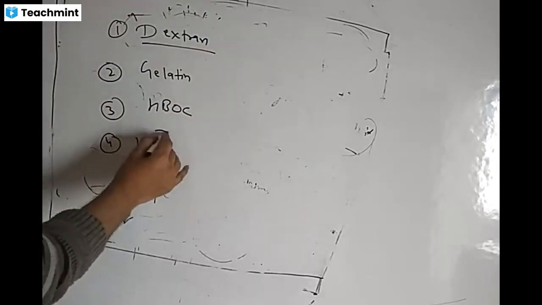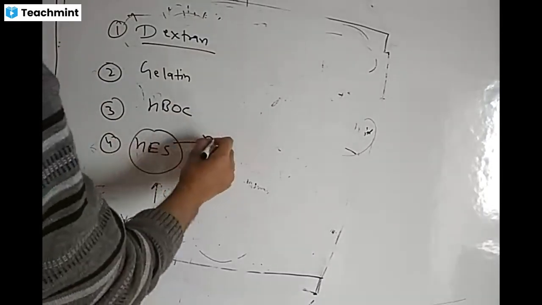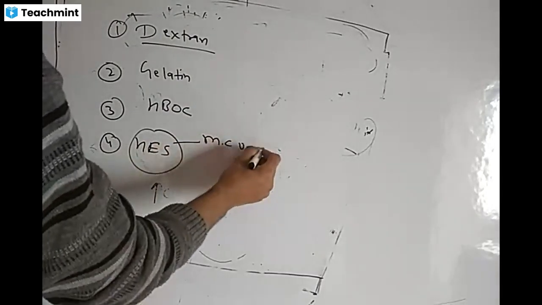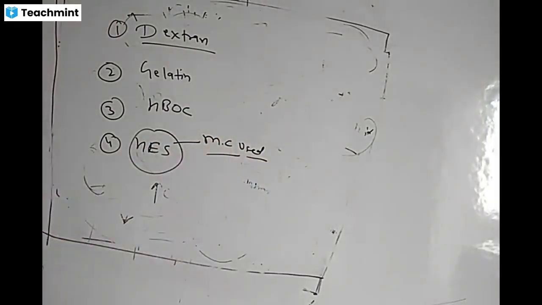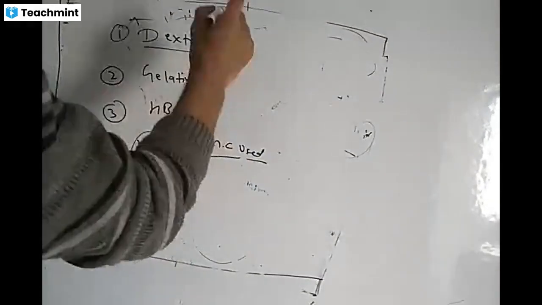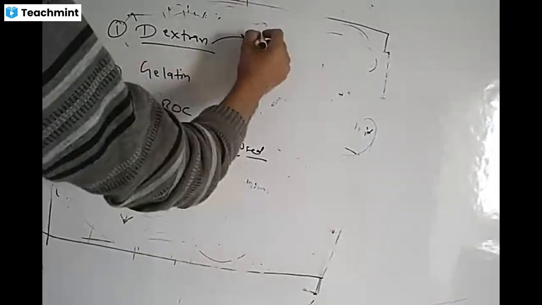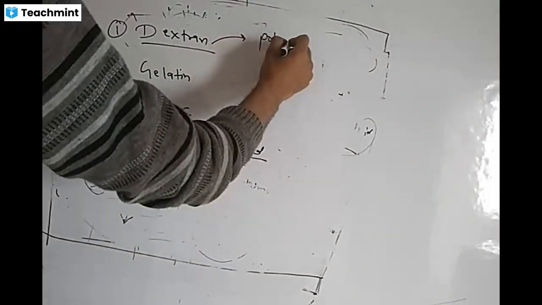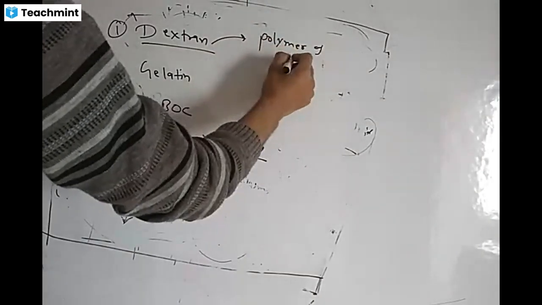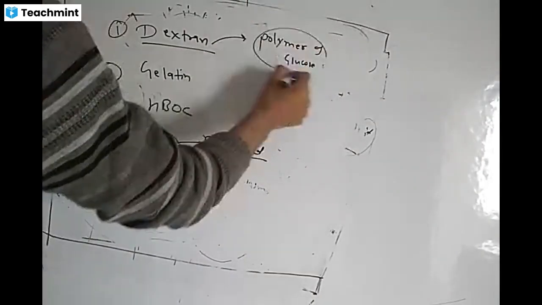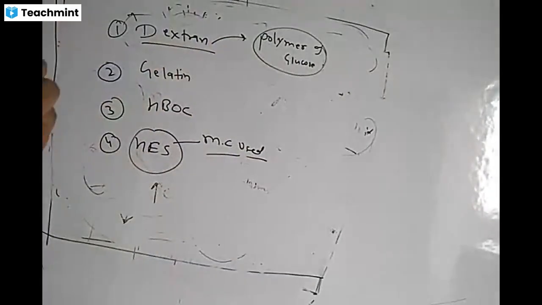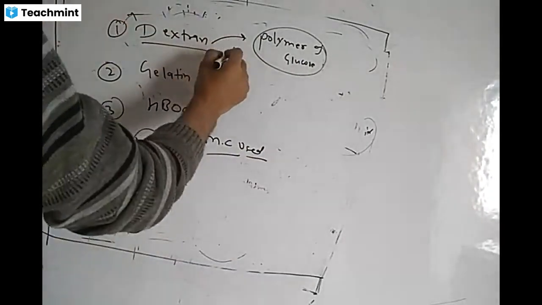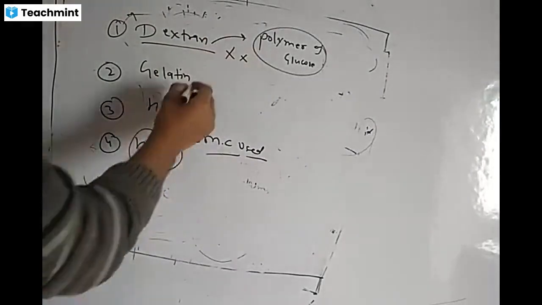Out of these 4, hydroxyethyl starch is most commonly used nowadays. Dextrans are nothing but polymers of glucose. These are not used nowadays.